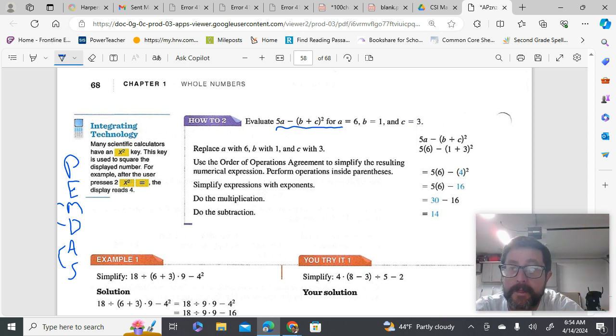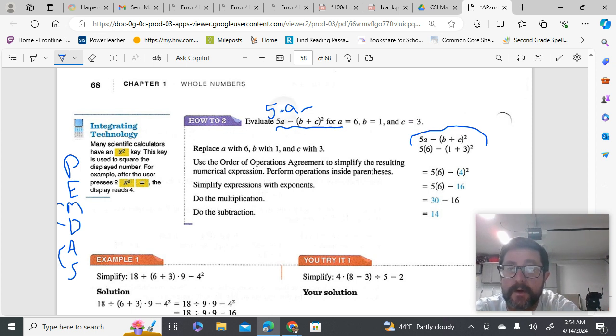So we're doing a equals 6. So we know that this is 5 times a minus, and they've got it written out over here, but do it yourself just to make sure.